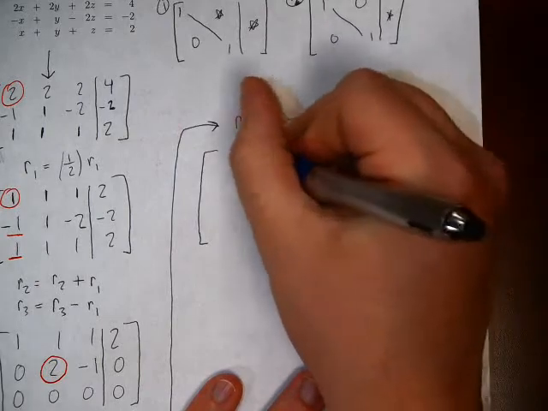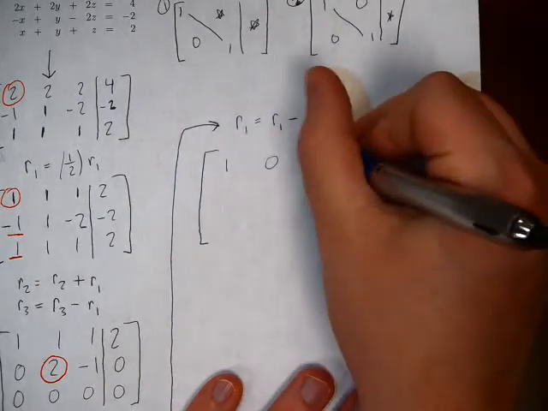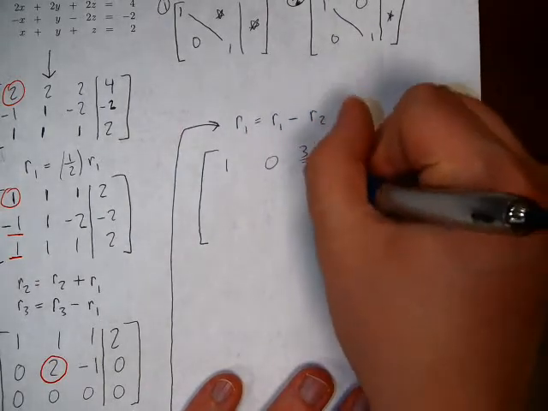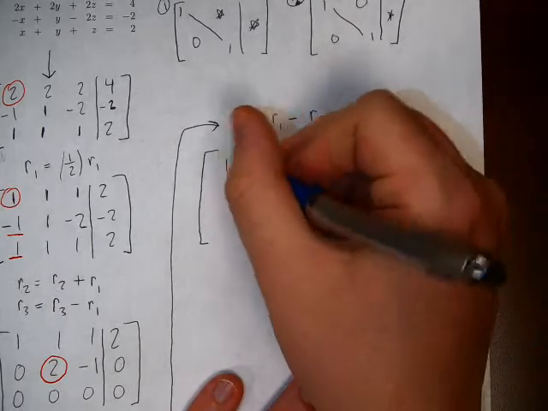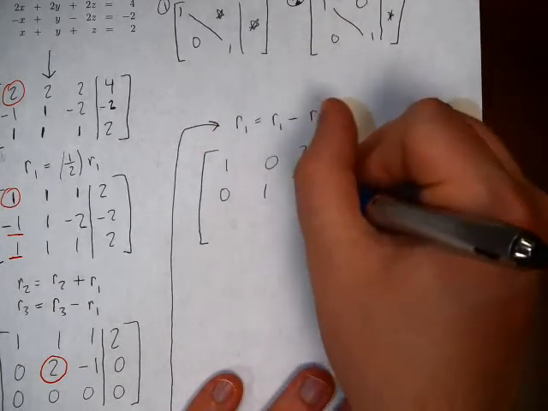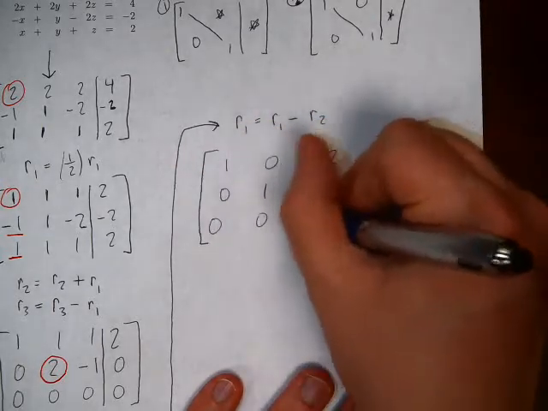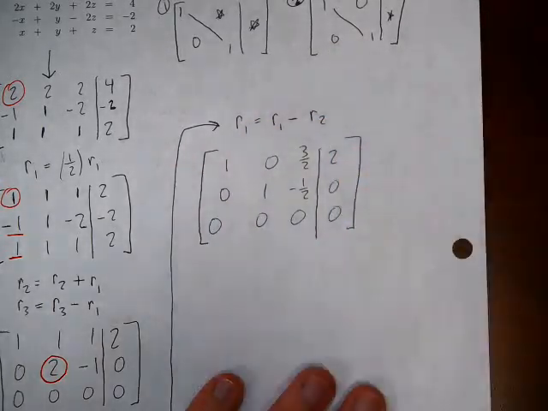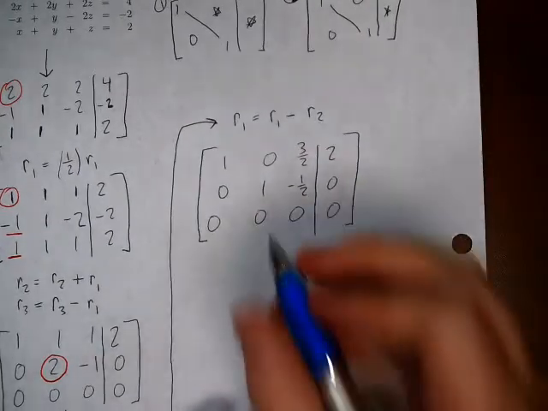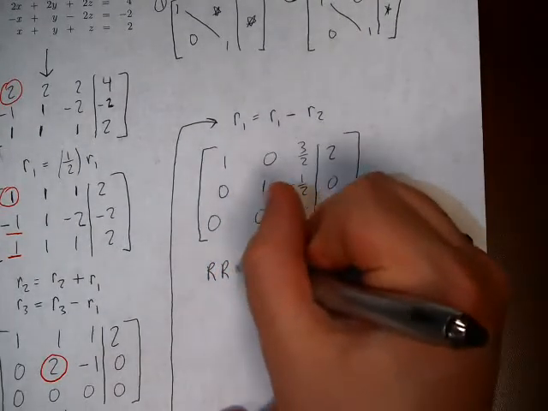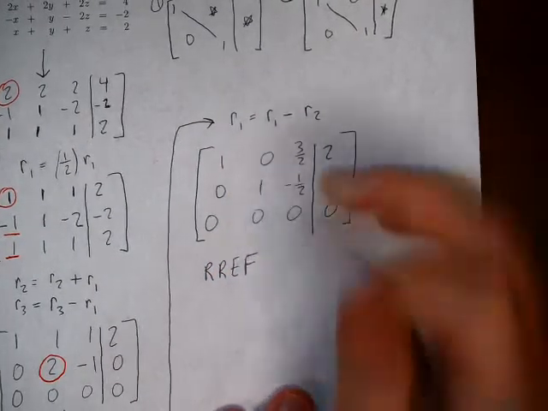And performing that will give us 1, 0, 3/2, 2, 0, 1, negative 1/2, 0, and 0, 0, 0, 0. So here, this is in reduced row echelon form.